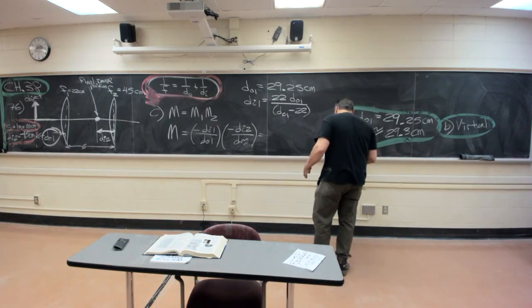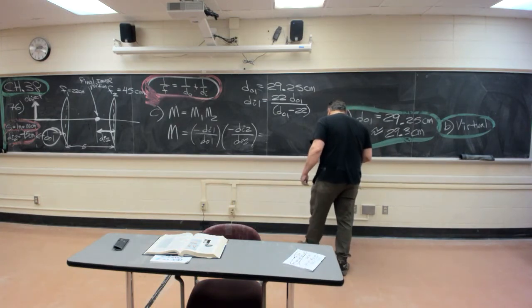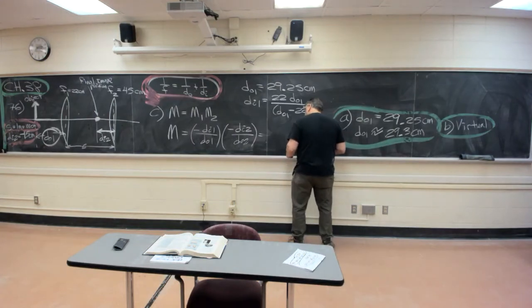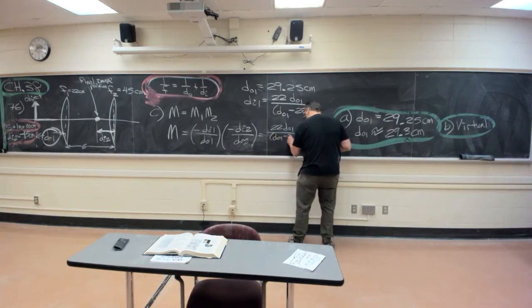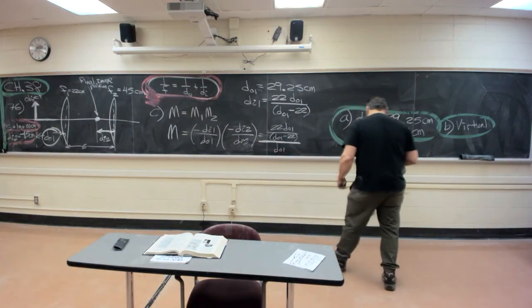I guess you could say the big picture here at the end of all this is the image distance, 22 DO1 over DO1 minus 22.